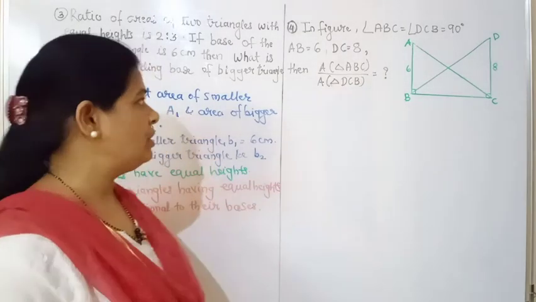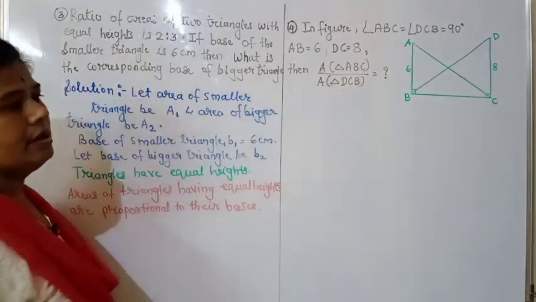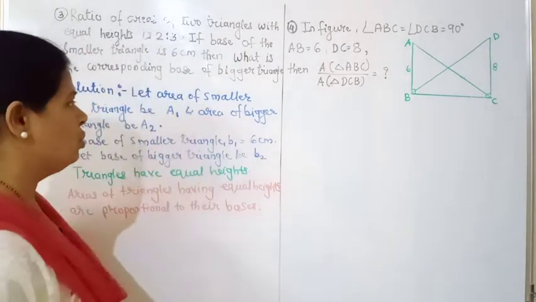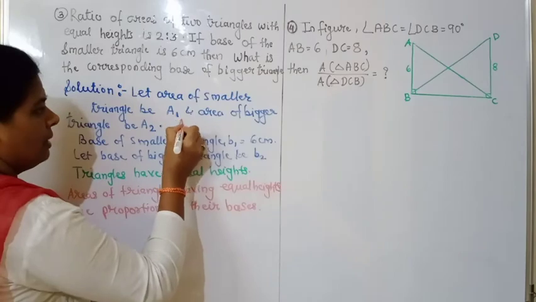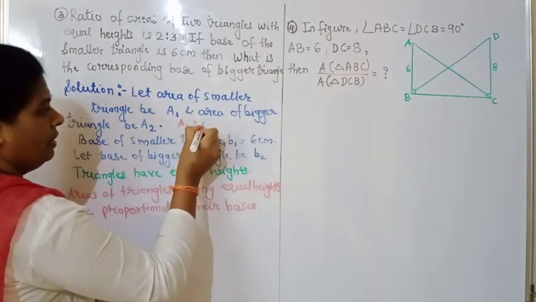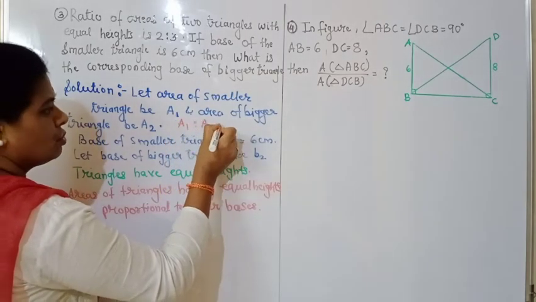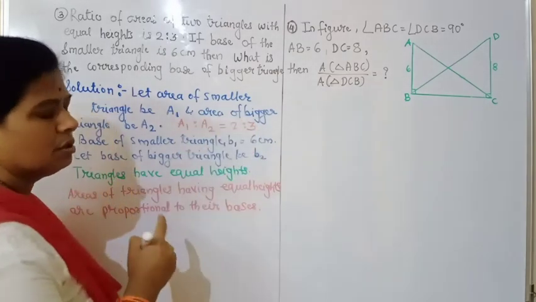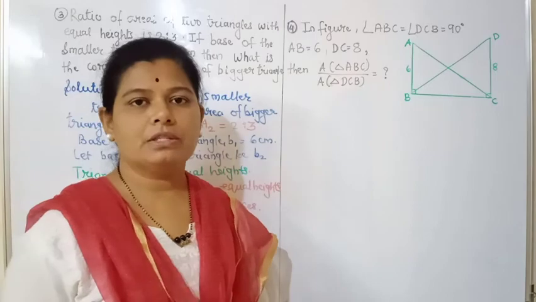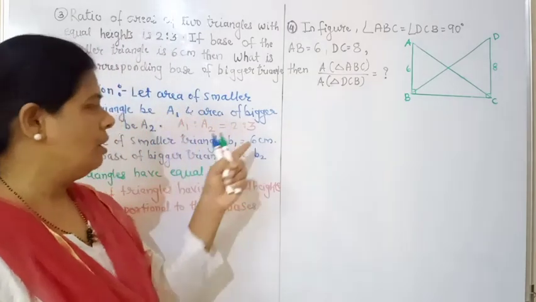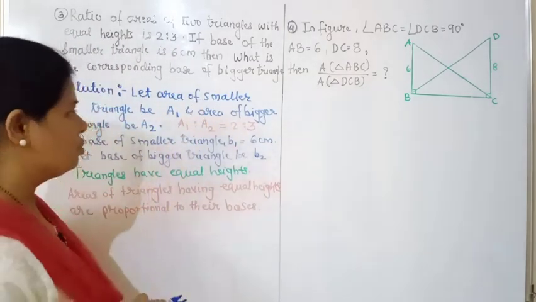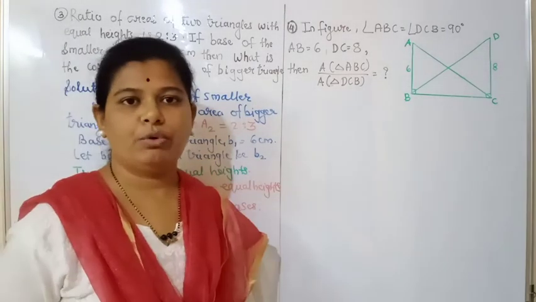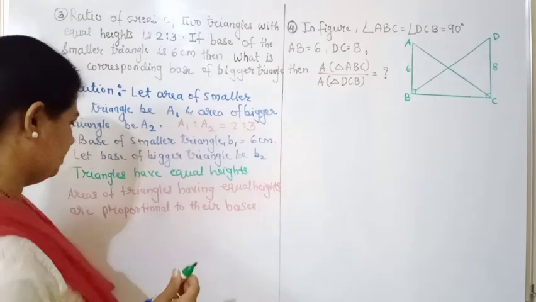Now I want to mention one thing: the ratio of the areas is given as 2:3. So A1 is to A2 is equal to 2:3. This is given in the question, that the ratio of the areas is 2:3.